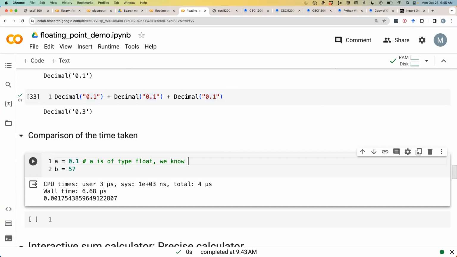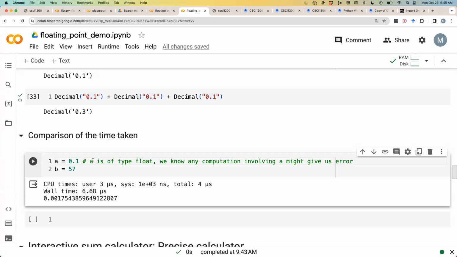We know any computation involving a, which is 0.1, might give us a rounding off error.